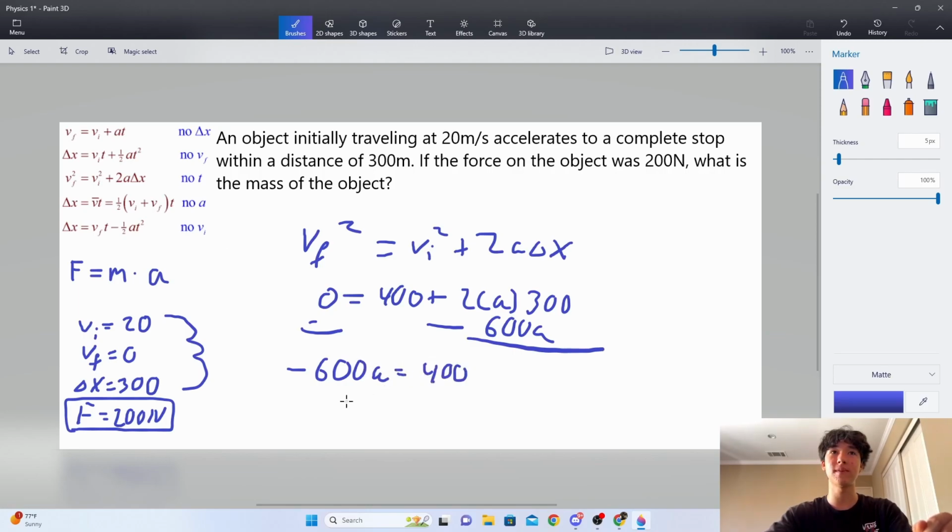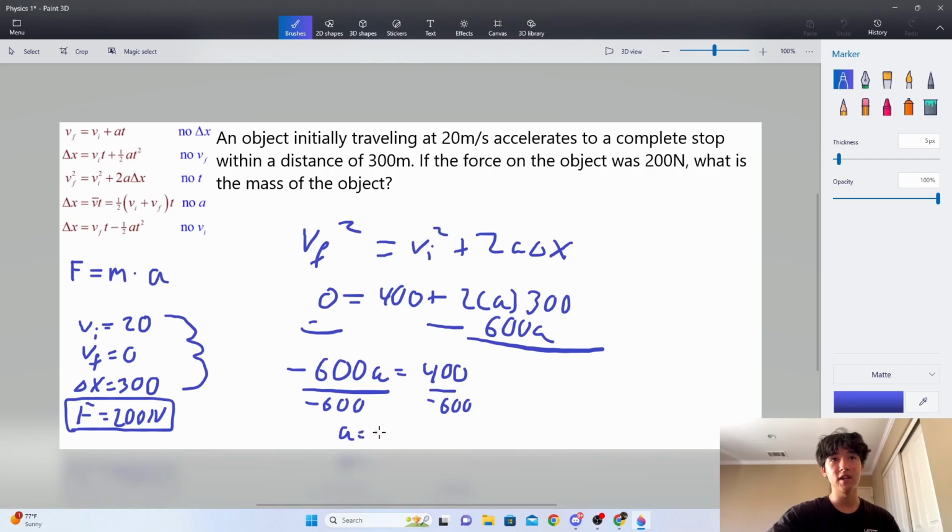So you guys might be freaking out right now, like, oh, why do we have a negative on one side and a positive on the other side? Well, it actually makes sense because this acceleration is slowing down to a stop, which means that it should be a negative value.